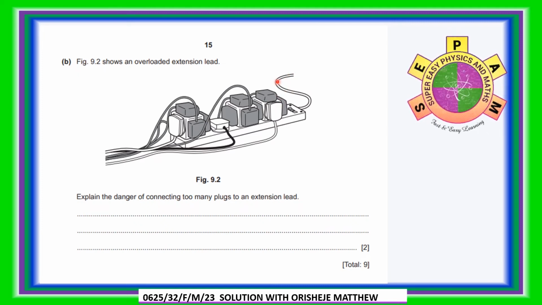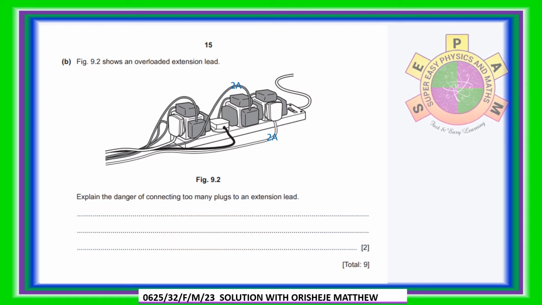So if you look at each of these, let's assume 2 ampere is what is powering the gadget. Then the next one, 2 ampere, that is 4 ampere, that is 6 ampere, that is 8 ampere, that is 10 amperes, that is 12 amperes, that is 14 ampere.